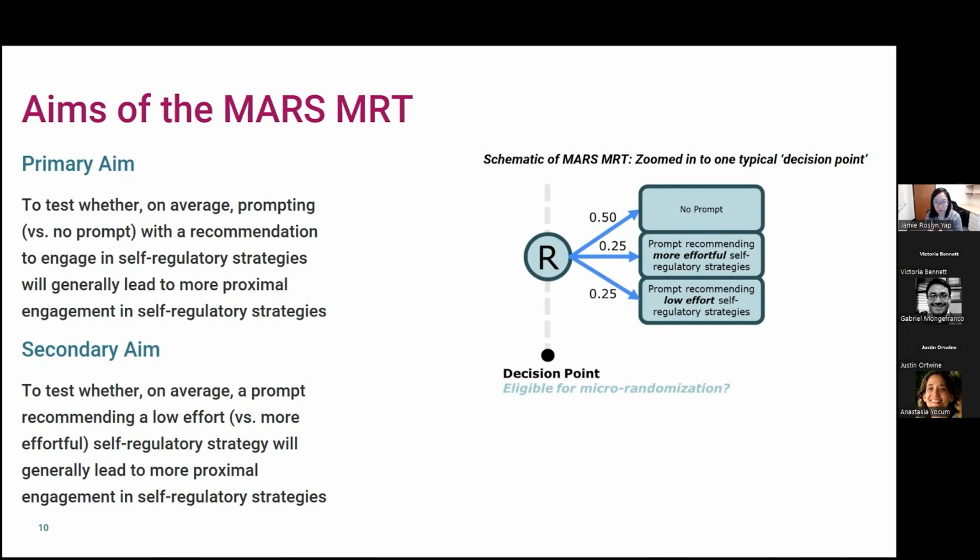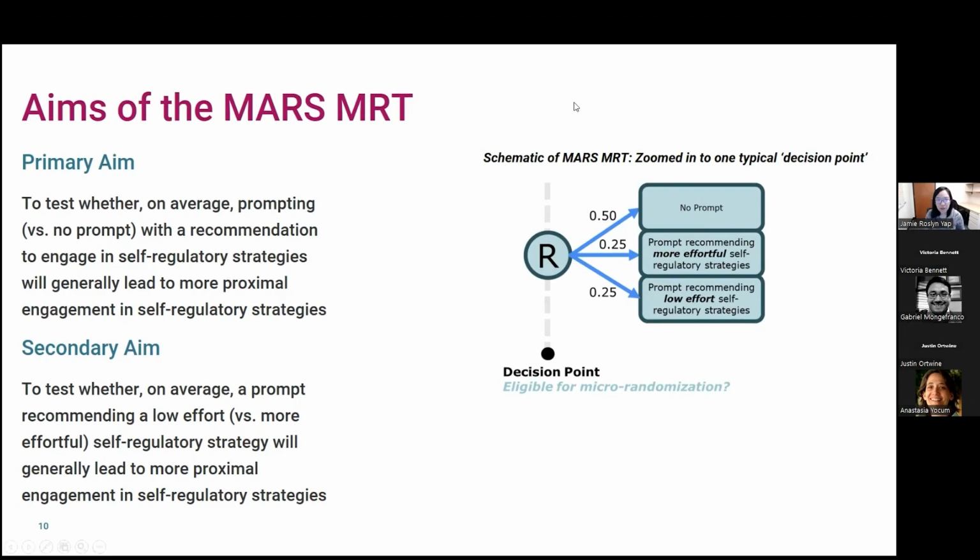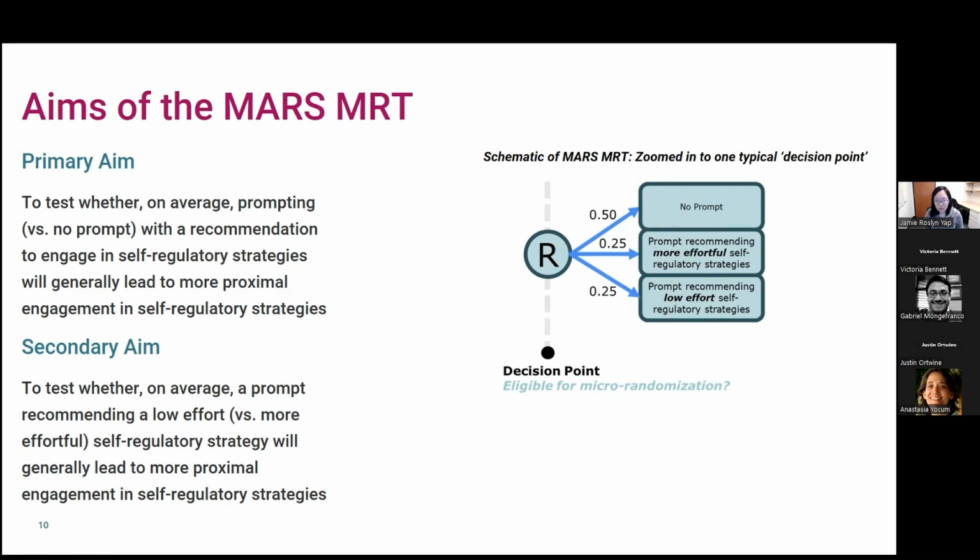If you ping someone with a recommendation to engage in the next hour, are they likely to engage in self-regulatory strategies? The secondary aim is to test whether, on average, a prompt recommending a low effort versus a more effortful self-regulatory strategy will generally lead to more proximal engagement in self-regulatory strategies.